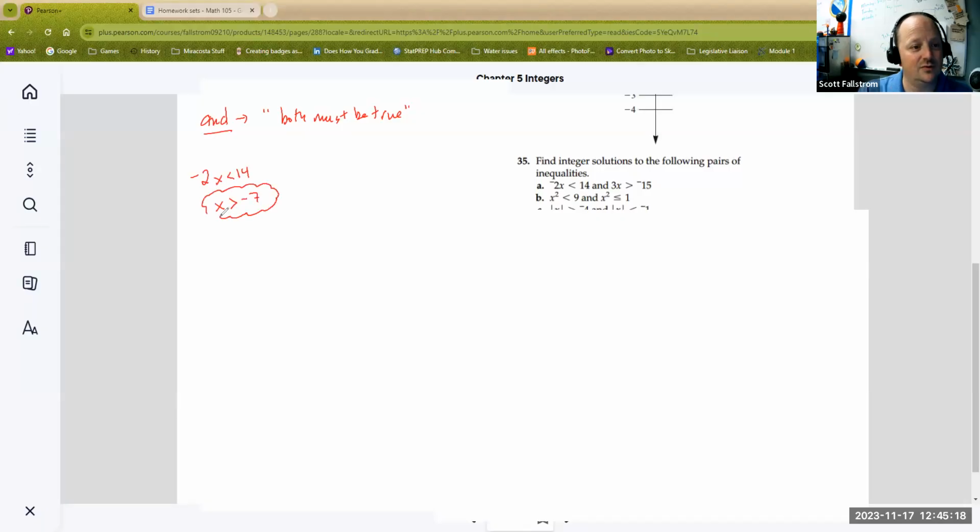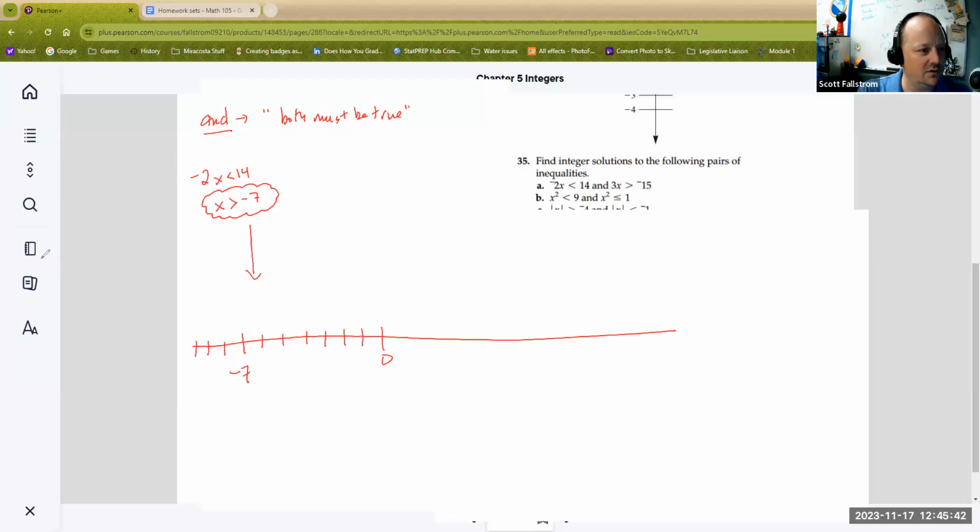know what values work. Let's come down to the number line. I'll just do a horizontal number line. I was going to do an x and a y, but I don't think I even need to here. So I'm going to go, here's 0, 2, 3, 4, 5, 6, 7. There's negative 7. And notice this says I want all the x values. X's need to be greater than negative 7.